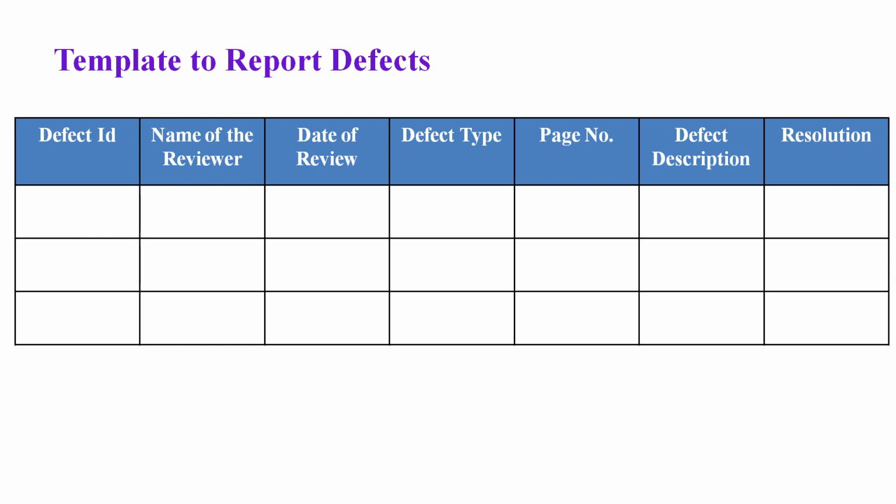This template will be used internally for the project. Different companies will use different templates, different models. In an interview, by taking this template as an example, you can explain about reporting the defects during the review process.